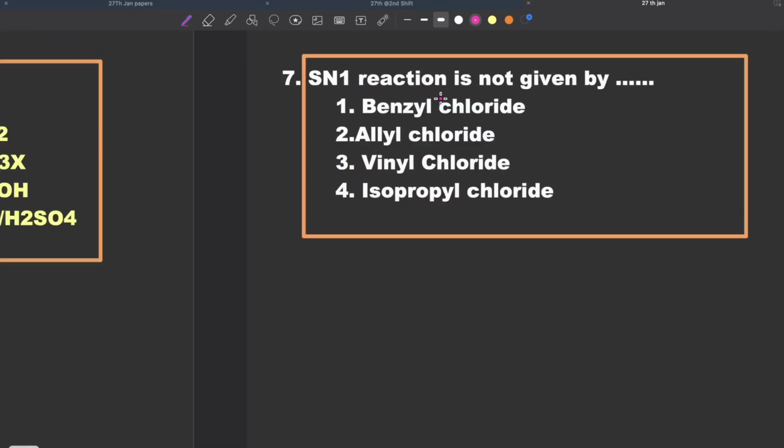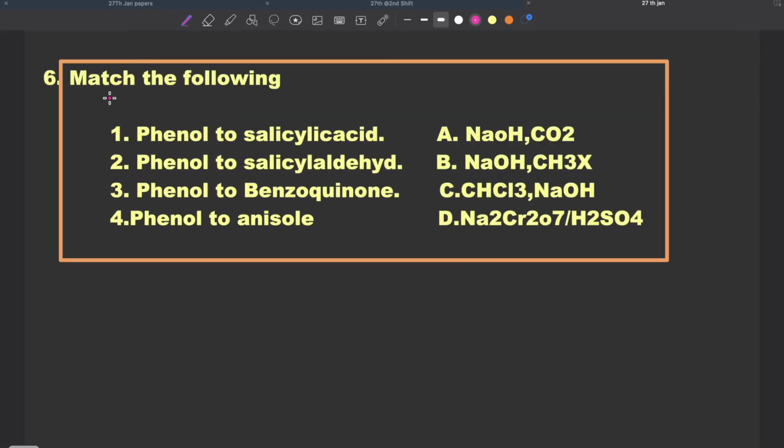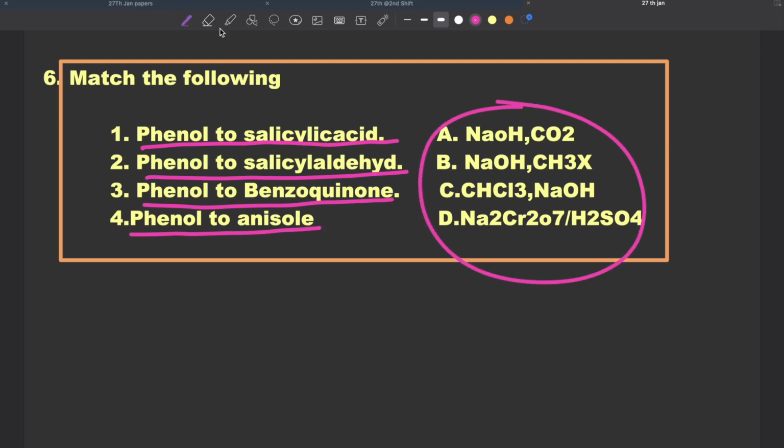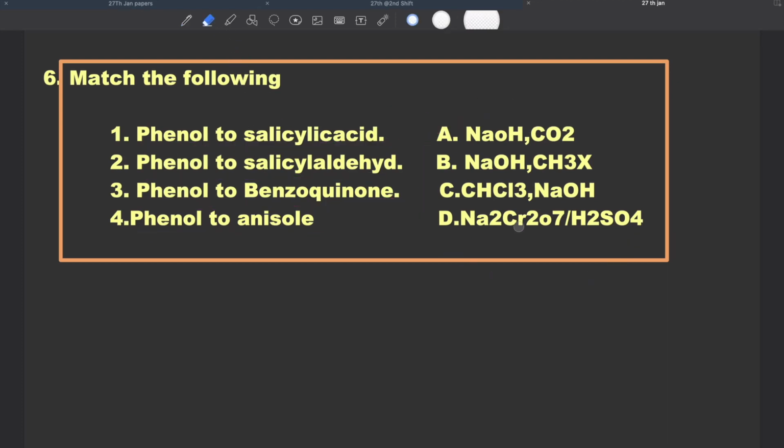Yeah, the next sixth question, match the following. So phenol to salicylic acid, phenol to salicylaldehyde, phenol to benzoquinone, phenol to anisole, and here you have been given the reagents. So we have to identify which one is the reagent. Phenol to benzoquinone, we know that sodium dichromate.